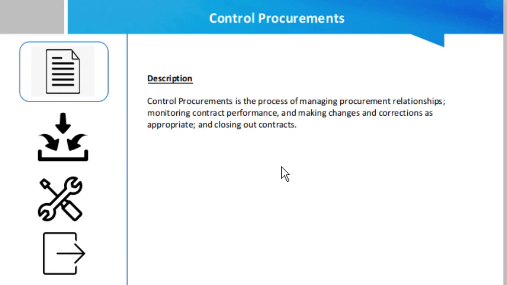You have to check whether the performance of the vendor is good or not, and whether the goods and services you are purchasing are as per the requirement or not. So that is basically the concept of control procurement, and control procurement is the third process of the procurement knowledge area as per the PMBOK guide.